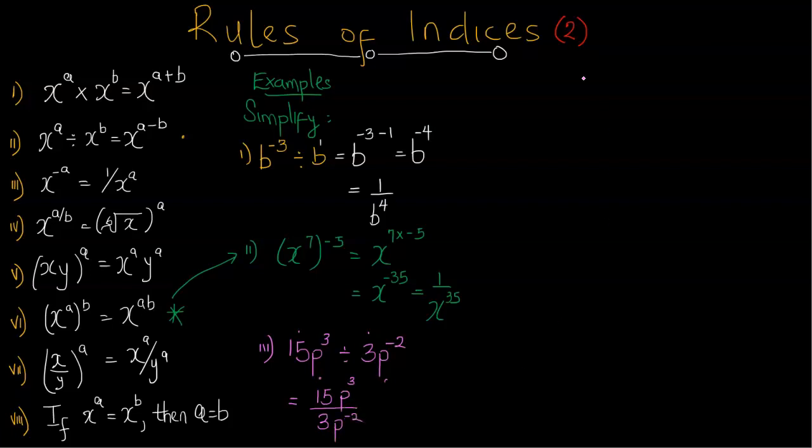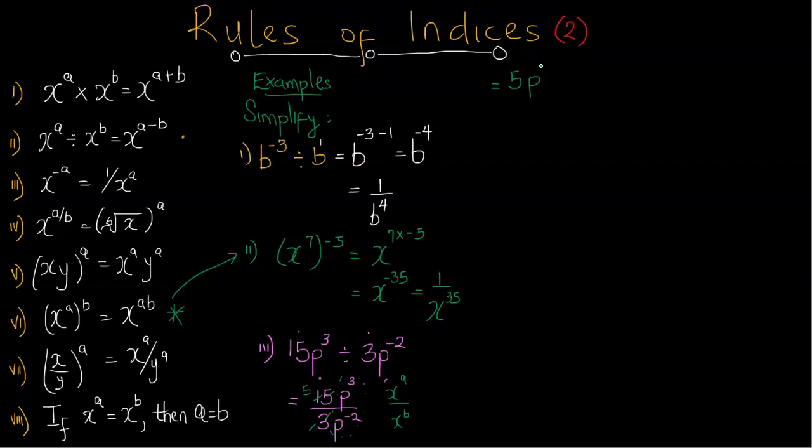With these, I can cut, because I know that 3 can reduce 3 once and it can reduce 15 five times. And since this is a division sign, I can rely on the second law right here. So at the top, I've got 5. Since this is a division sign, this looks like x raised to the power of a divided by x raised to the power of b.